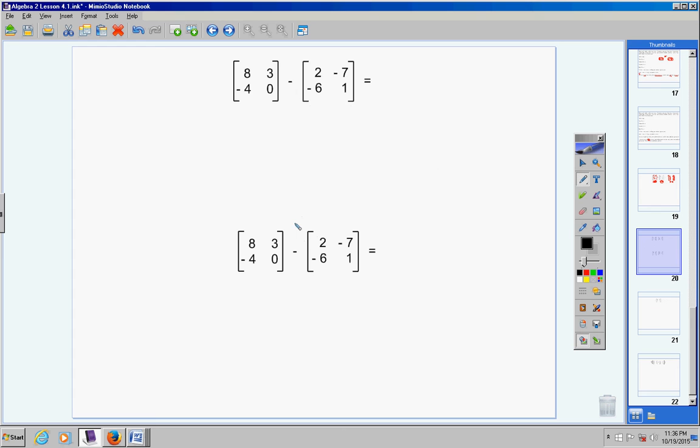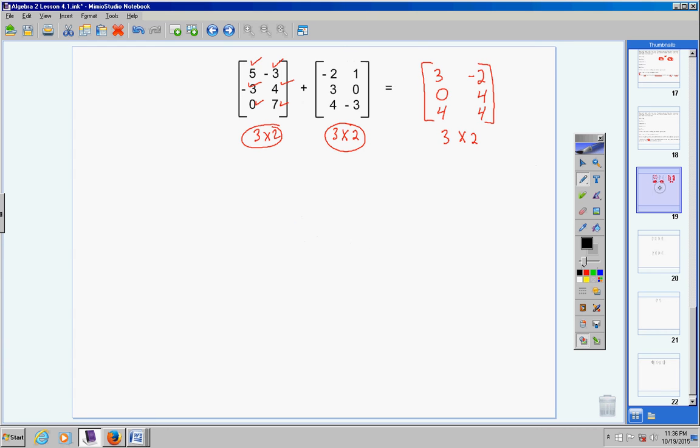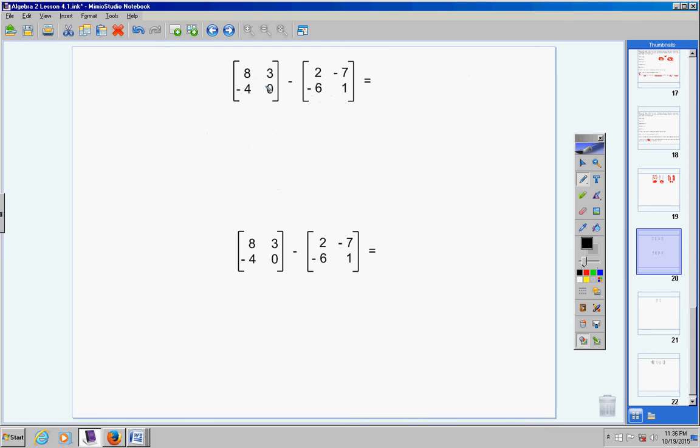Now, for me, I don't like to subtract. I would rather add than subtract, and most students are like that. Well, whenever you're subtracting two matrices, first run your test. You have a 2 by 2 and a 2 by 2, so we're good. We can add these together. Now, I don't like to subtract when I can add, so you're allowed to change this minus sign to a plus sign as long as you go to the matrix here to the right of the negative sign and change all of the signs in here.